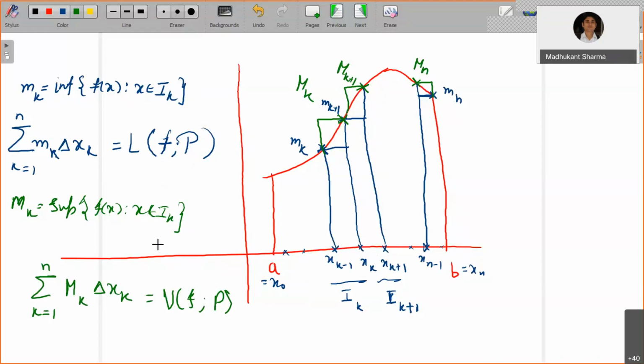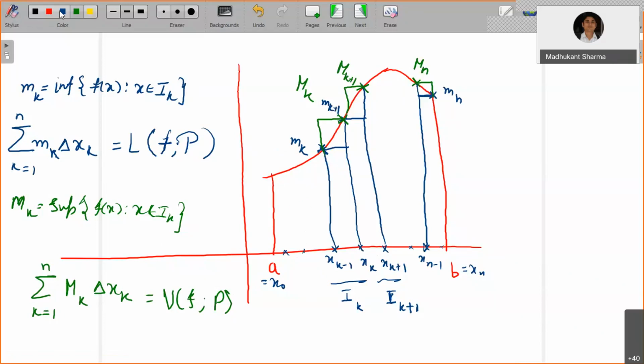And sir, the sum of infimum m k into delta x, how much area will it cover? Can you show in the graph? Yes, this will cover this. Suppose I have the small mk and small mk plus one.